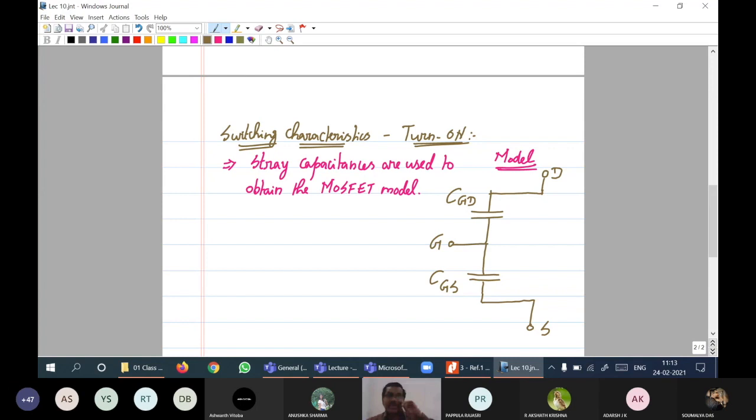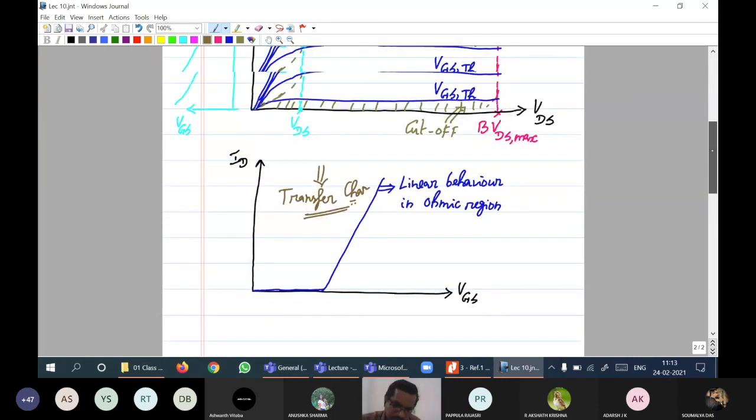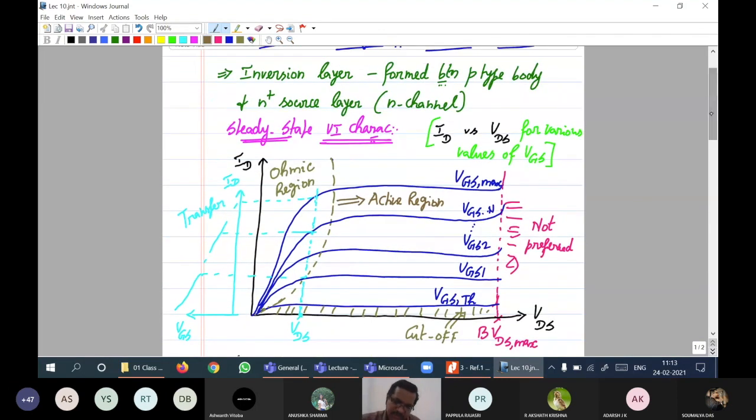Now, when the device turns on in the ohmic region, I'll scroll up and show the ohmic region. So, in this ohmic region, capacitance effect is going to be negligible because the MOSFET is completely turned on, which means the capacitance is completely charged, no change in voltage across that.